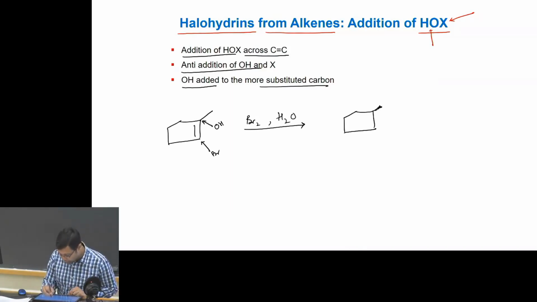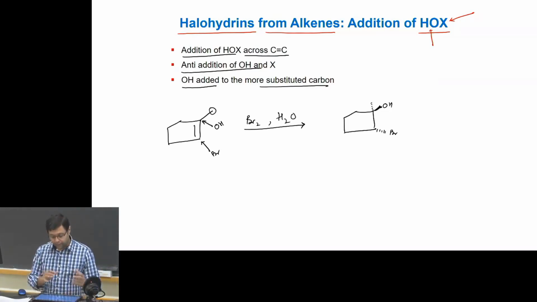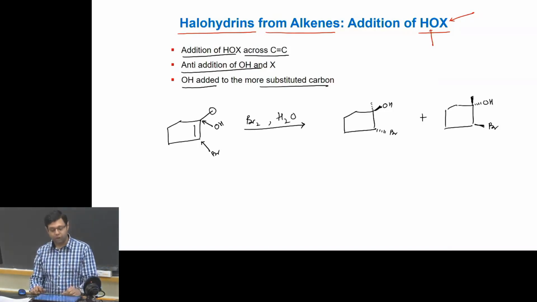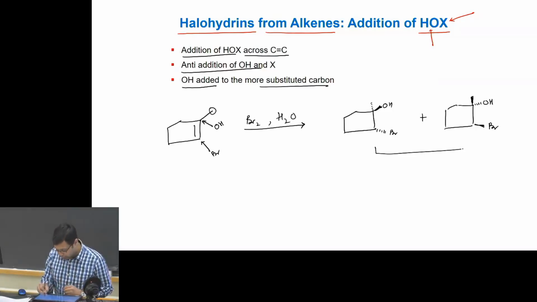So if I put OH up here, the Br should be down here. The methyl group will be down here because OH is up. Right? That is one product you'll form. The other product will be its enantiomer. OH down here, which means methyl will be up, and Br would be up. You're going to form equal amounts of both these enantiomers, which means you'll end up with a racemic mixture.